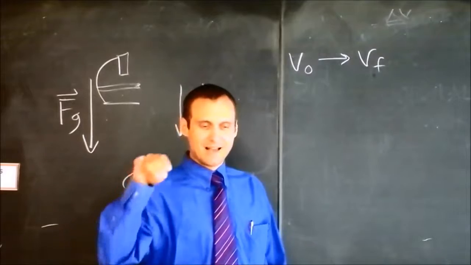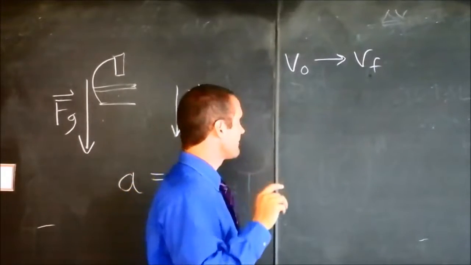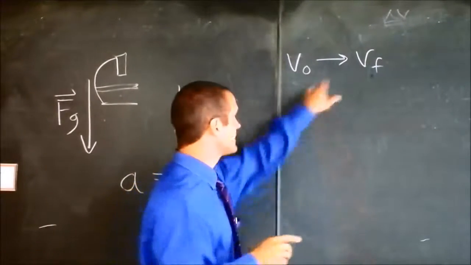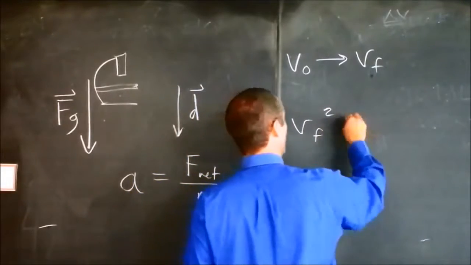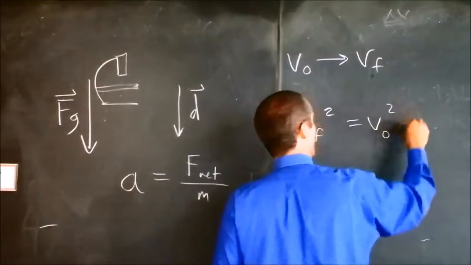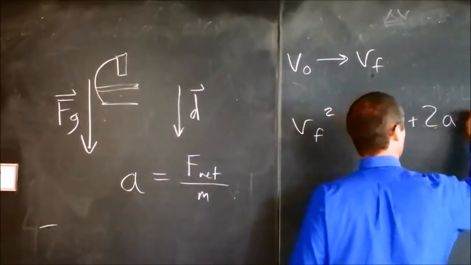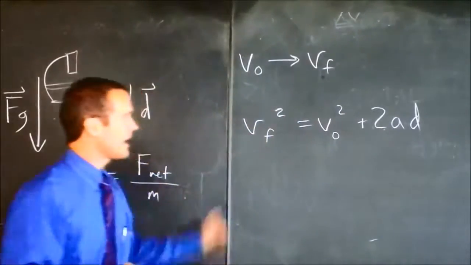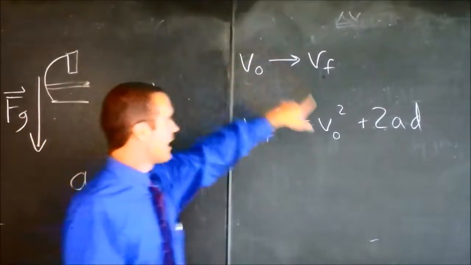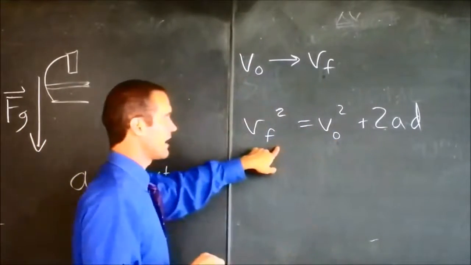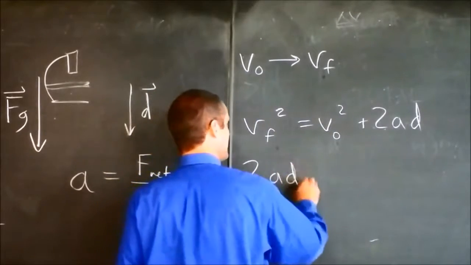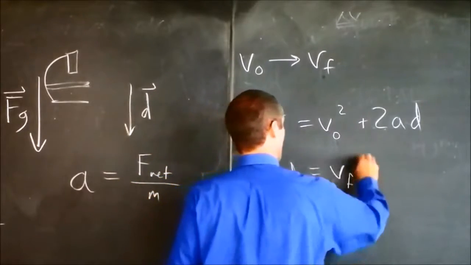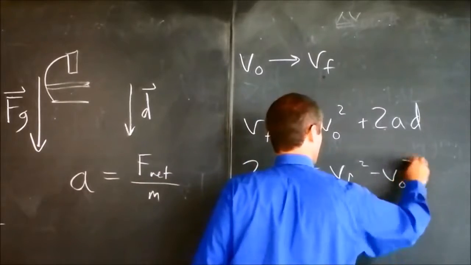So we could find how these speeds are related by a tale of two squares. Remember that equation? It says Vf squared equals V naught squared plus 2 times a times the distance that the thing has fallen. I'm just going to rearrange this equation a little bit. I'm going to say 2ad is the final squared minus the initial squared.